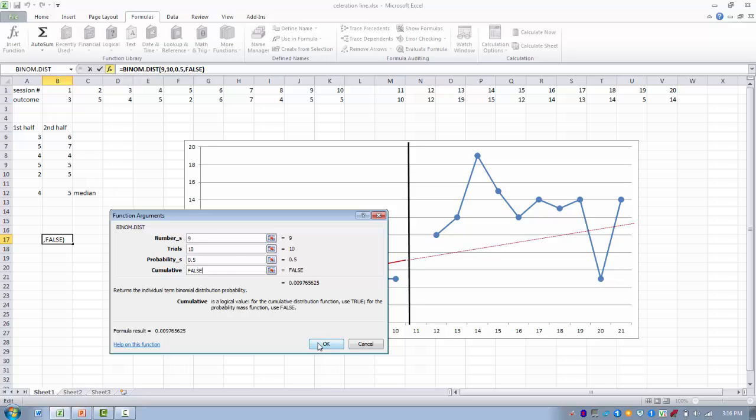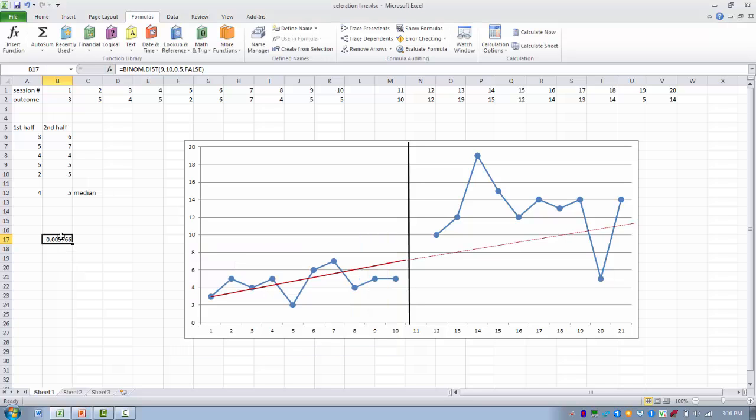Once we've done that, we click OK, and then in our outcome box here, what we're going to see is the probability, a p-value, that the outcome that we're seeing is due to chance.